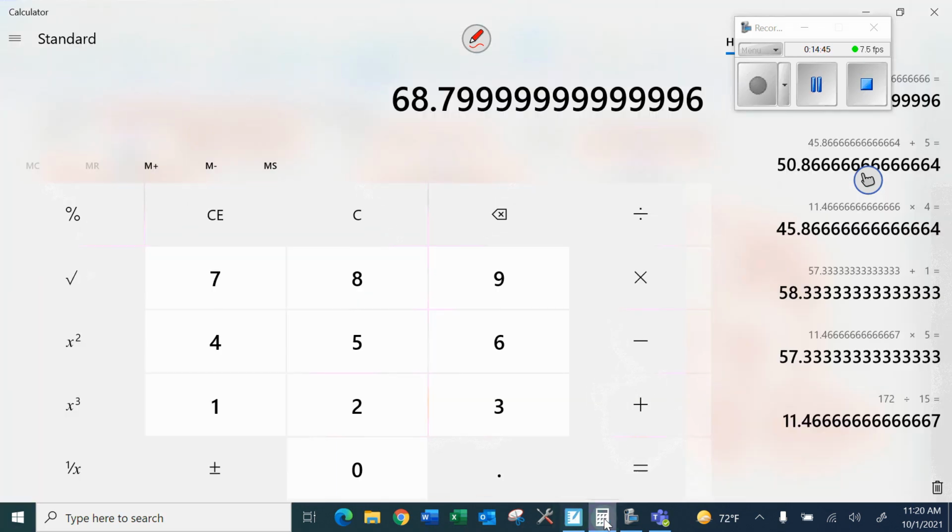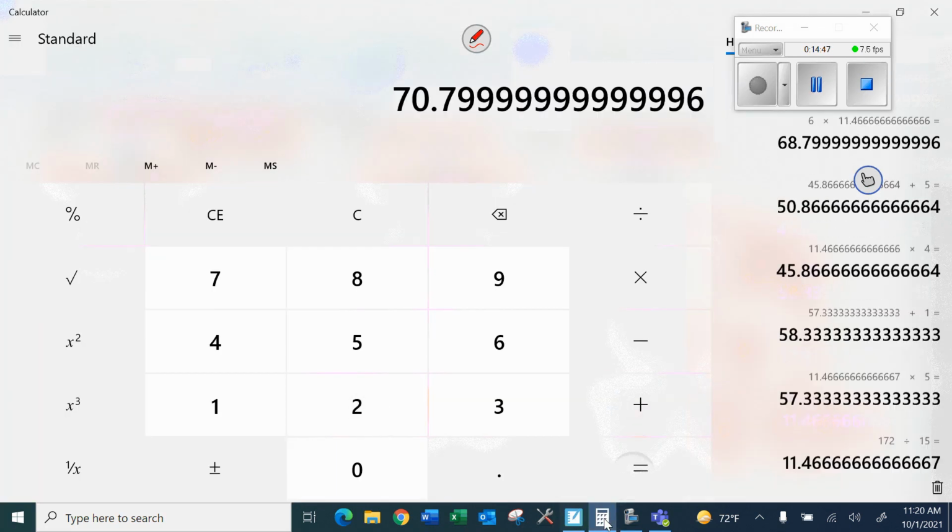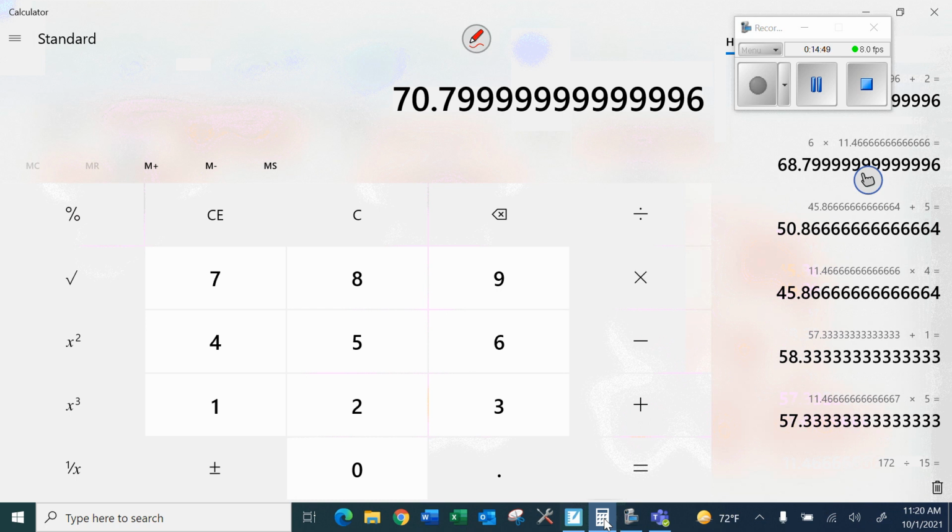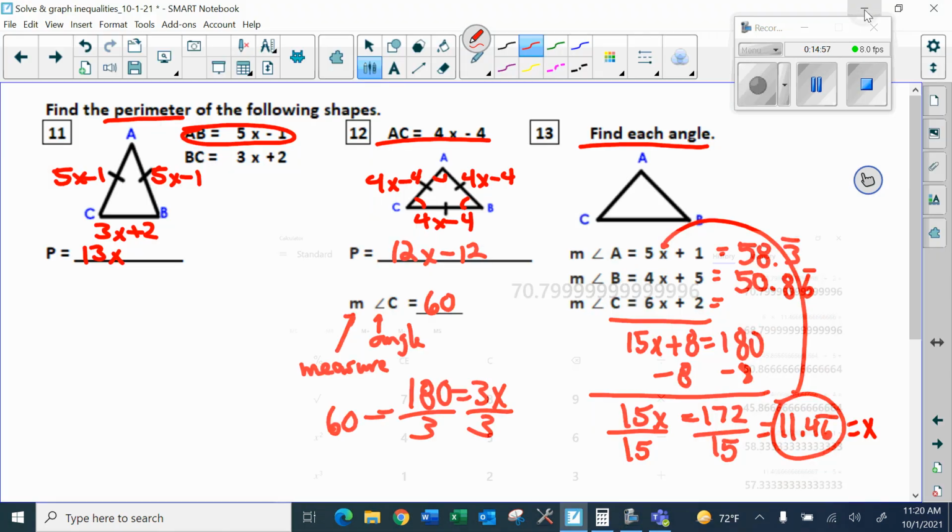Plus 2. So 70.7, 7, and then 9 repeating actually moves it up to 8, so 70.8. And there are my 3 answers. So that one needed a calculator to plug in. All right, that goes ahead and explains your worksheet.